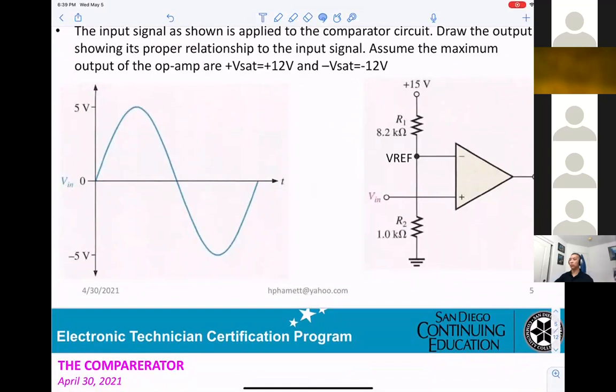The input signal is applied to the comparator circuit. Draw the output showing its proper relationship to the input signal. Assume maximum output will be 12 volt and minimum will be minus 12 volt. So first thing, they compare to the V reference. Then you need to know what the V reference equals right here.